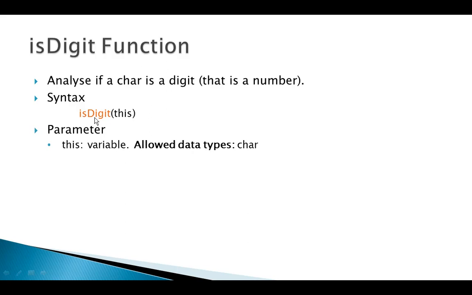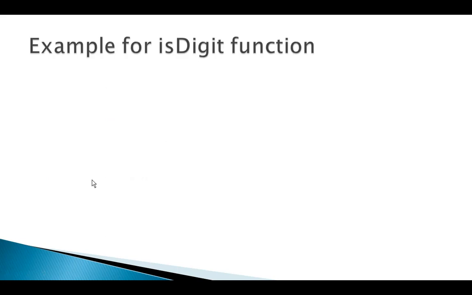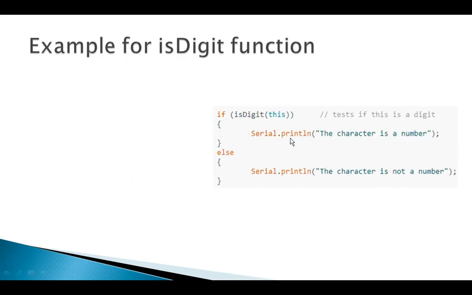Again, the syntax is the same. isDigit, the D should be in capital. This is a variable of data type character. Again, it will return true if this is a number, otherwise it will return false. Let's have a look at the example. isDigit, this is a variable.